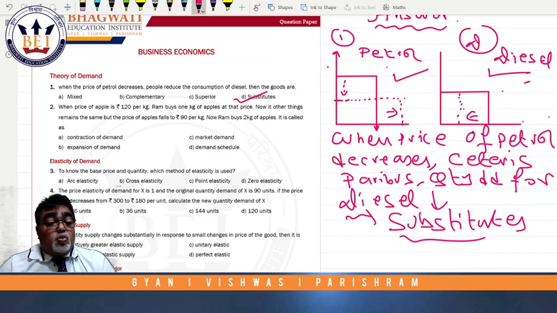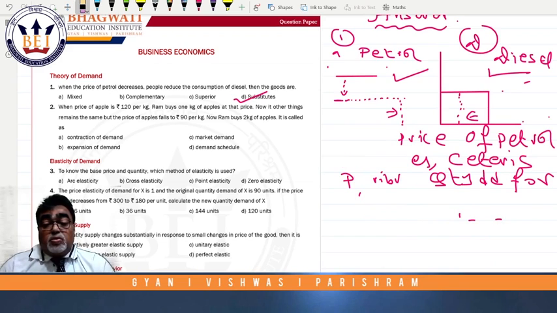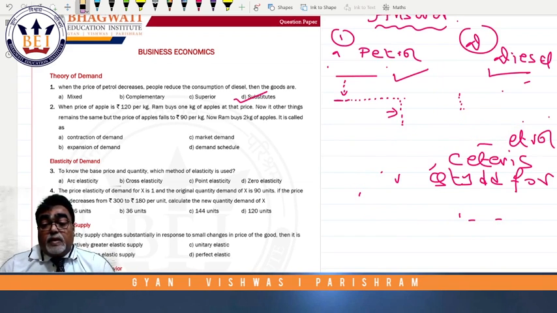Now question number 2. When price of apple is 120 per kg, Ram buys 1 kg of apple at that price. So always I suggest that, slowly one by one, on the basis of the question bank we should make our diagram wherever it is required, so that it would be helpful for you to complete this answer.